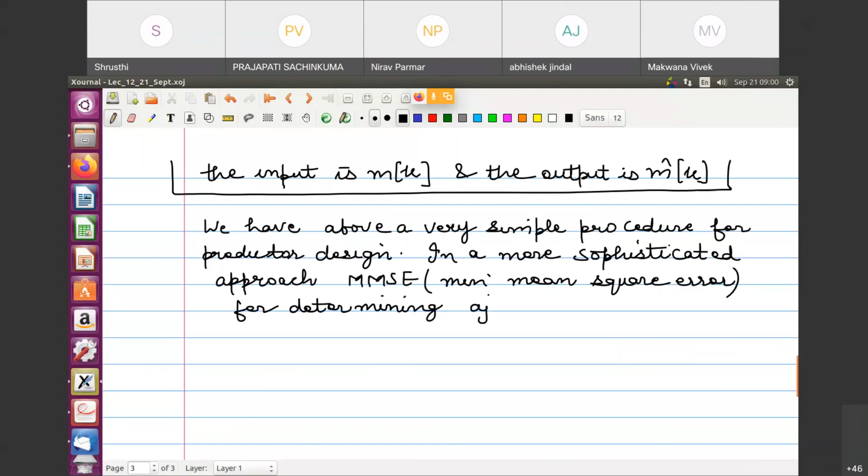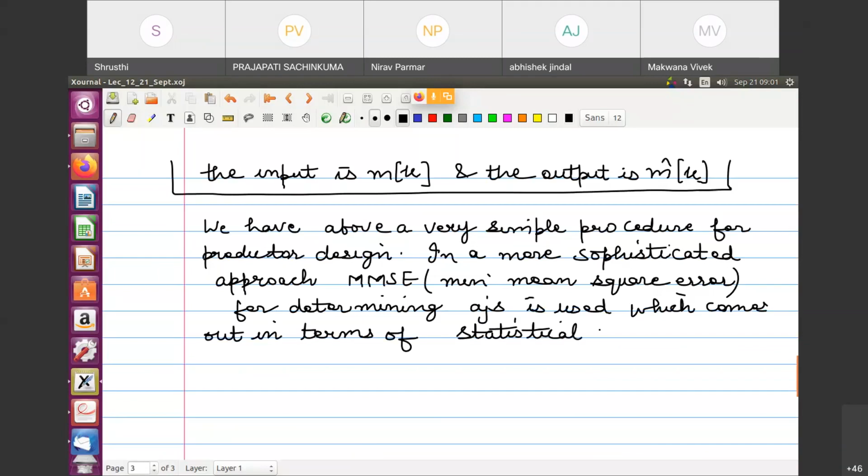edges, okay, is used. Edges are the tap delay line coefficients, which come out in terms of statistical correlation. So this is what I wanted to highlight, that because we have not been introduced to this concept, we are not doing that derivation.